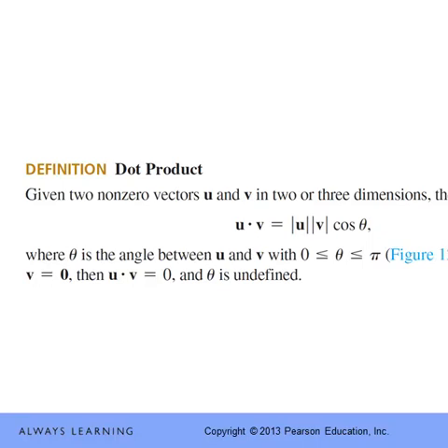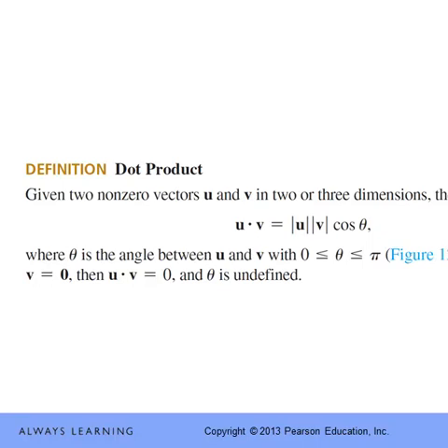Now, what if u and v are parallel with each other? What would be the angle between two vectors that are pointing in the same direction? 0. What's the cosine of 0? 1. So if the two vectors are pointing in the same direction and they're parallel, then the dot product is nothing more than just the product of their magnitudes.